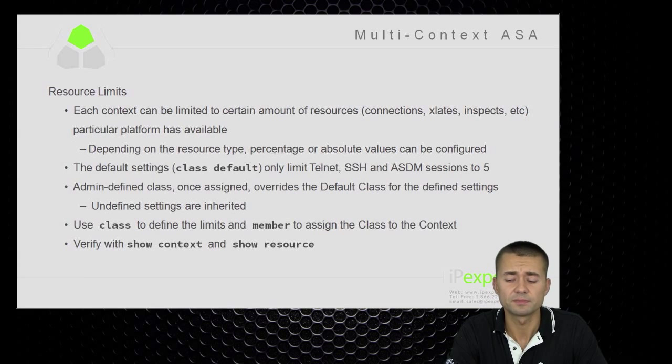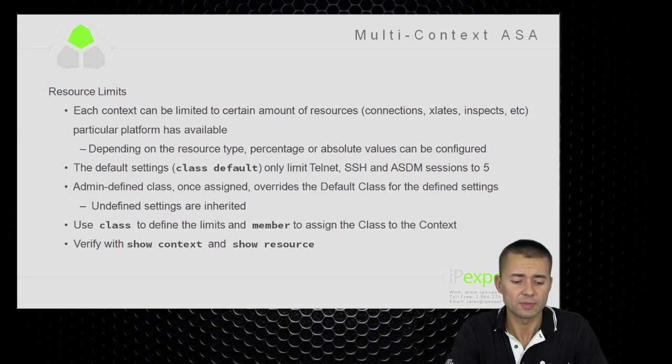So connections, xlates, whatever the ASA is physically capable of handling, this is all shared between the different contexts, and you typically don't want a situation where a single context uses, let's say, 95% of resources, leaving 5% for anyone else. You just want to make sure that a single context does not oversubscribe the firewall, and doesn't prevent other contexts from getting the resources they need.